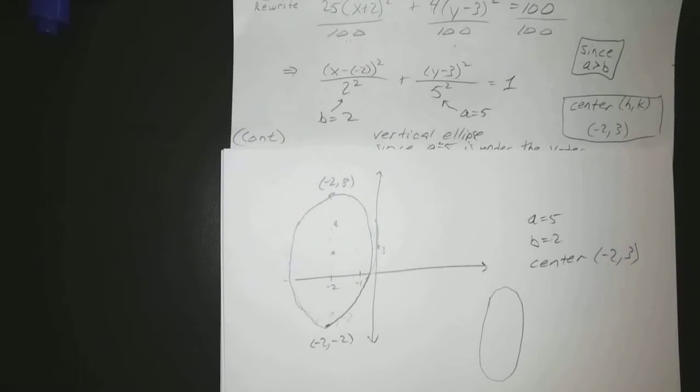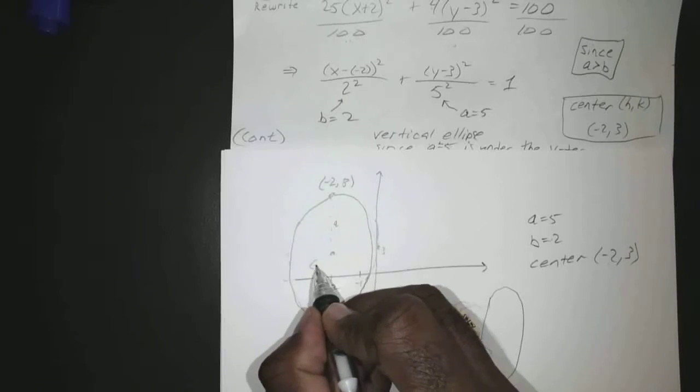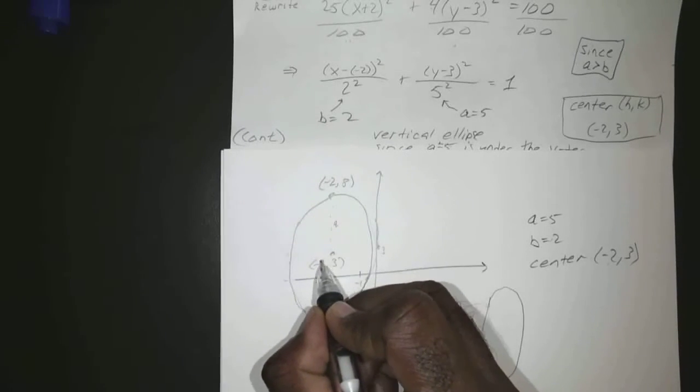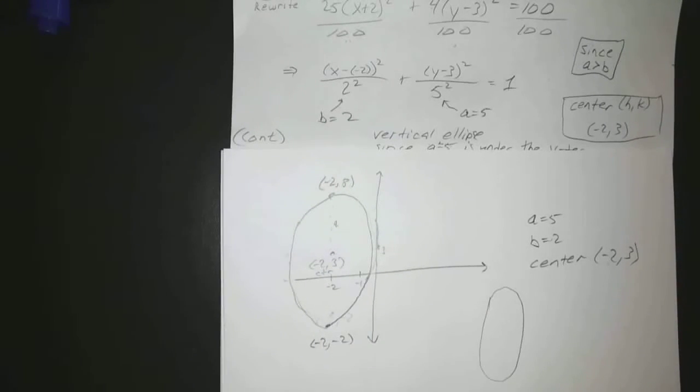All right, so like I said, this is your center at negative 2, 3. All right, so any questions on that one? Oh, I'm still writing.